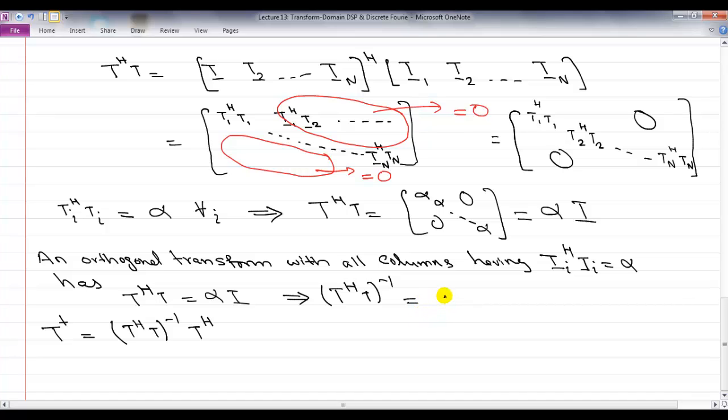So that will be alpha inverse times identity. This means the pseudo-inverse will be simply equal to alpha inverse times T Hermitian.